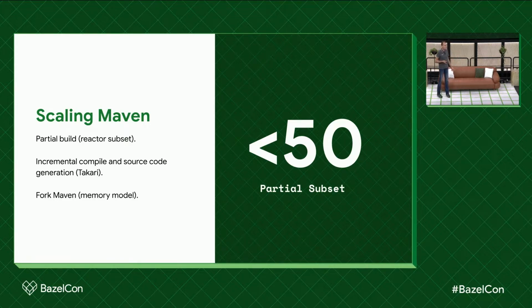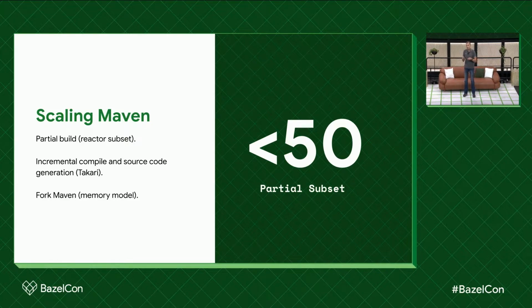But that wasn't enough. Two years ago, we actually reached a critical point in our system, and the build was slowing down tremendously, and we realized that it's the JVM executing the Maven build, doing a lot of garbage collection. And the reason is the memory model of Maven is just not built for that scale. So we already had an internal fork, but it was very, very small.